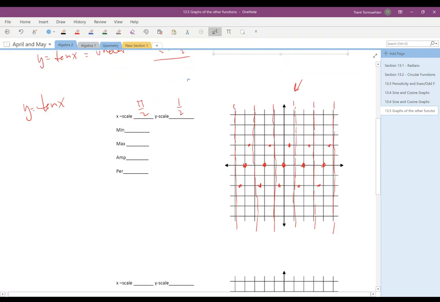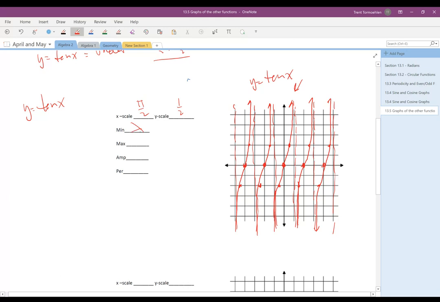So what ends up happening on the tangent graph is it looks like this. It essentially goes all the way right by those asymptotes we described. It goes all the way from the negative to the positive values. And so that is what y equals tangent of x looks like.